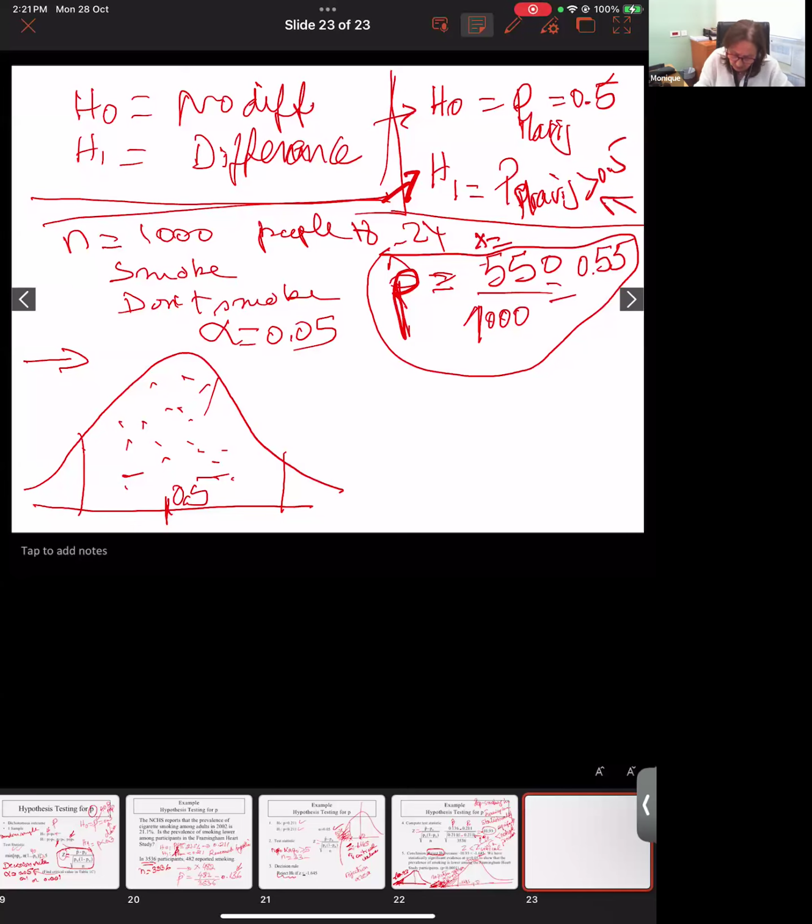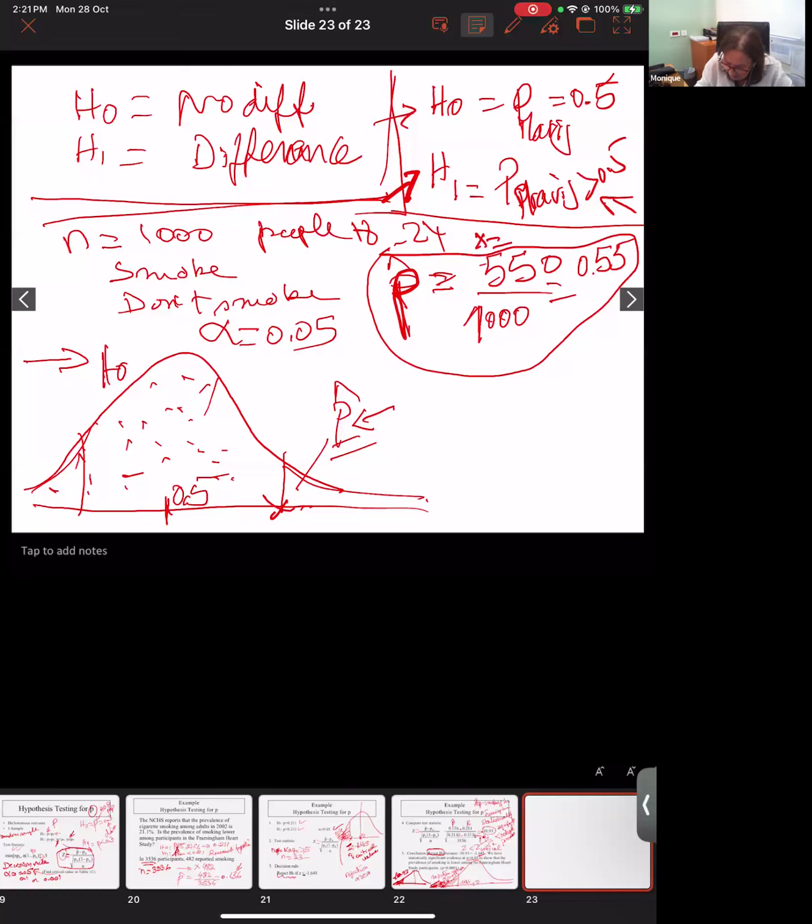The question is greater, so any value of P that falls here means that it does not belong to H0. So I cannot compare P to P directly. What I do is compute a test statistic. So this P, I would transform into Z.